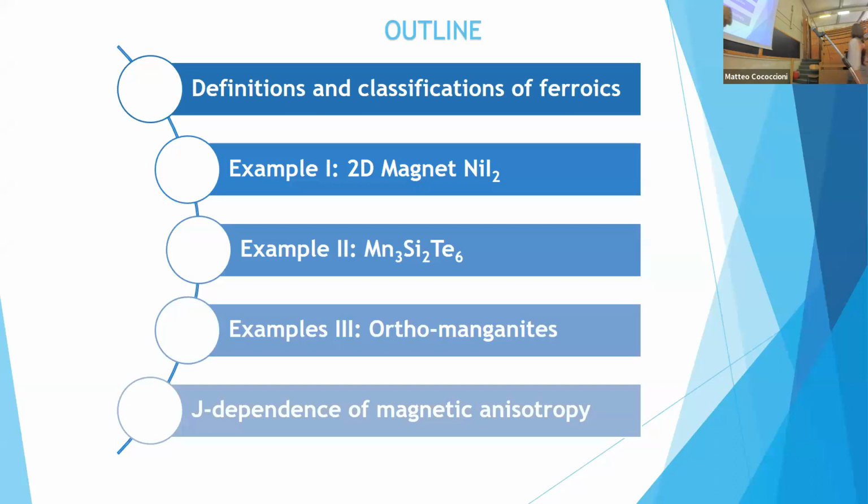So when I received the invitation, I was thinking about what to show to you. I don't develop methods, right? I mostly apply methods to magnetic systems. So I thought I would show some experience and some performances of DFT+U on a number of cases, going from successes, but also showing failures.